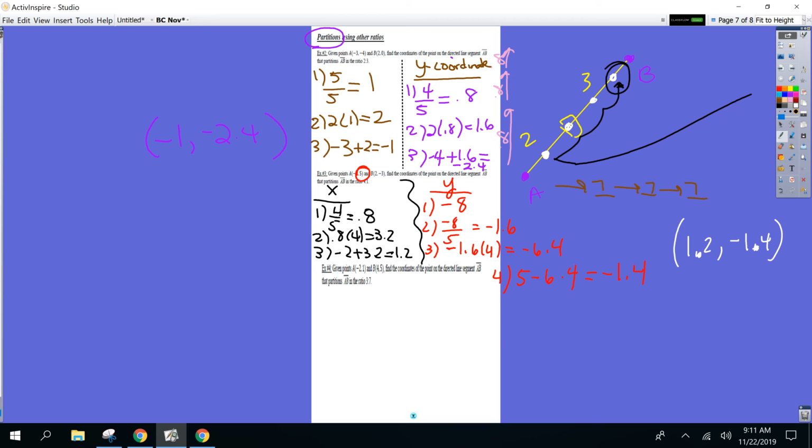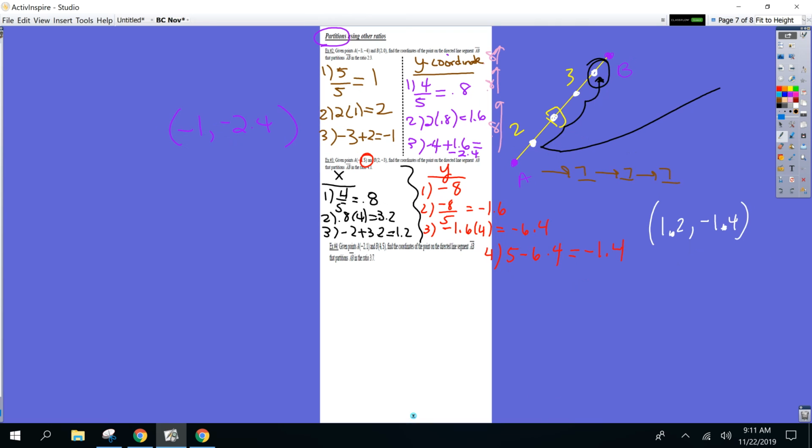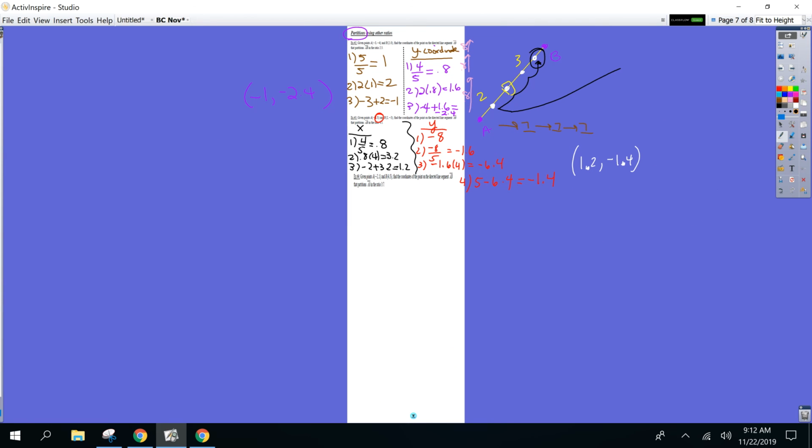Okay, now it's time to do one on your own here. Take AB, directed line segment AB. So from A to B, you're going 3 to 7. How many equal parts? 10.